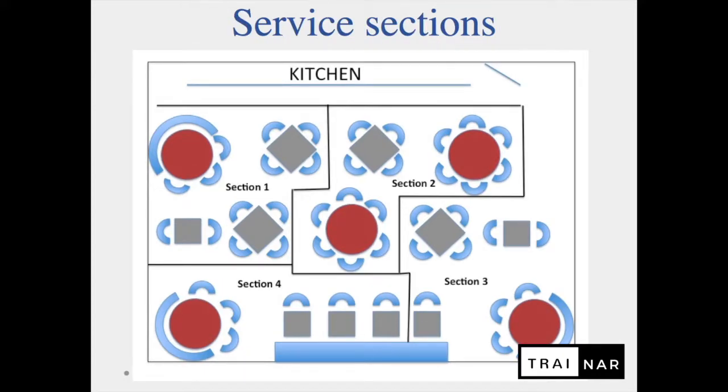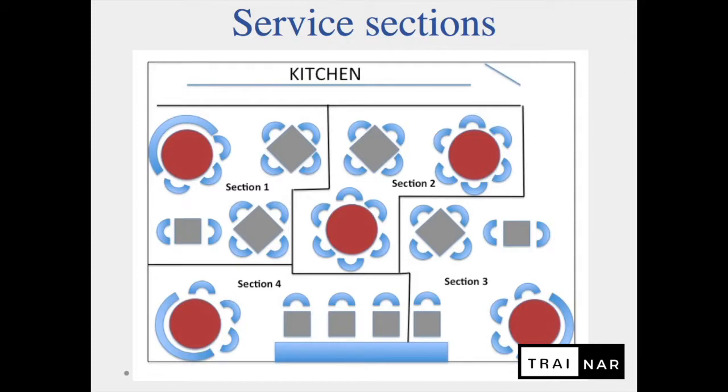As I said, if you distribute equally your large tables, it will be easy to then separate your commercial area into service sections where not one server will be taking care of too many large tables, as normally bigger groups are more difficult to serve. They have more demands and they basically take more time and more effort from one person to take care of them.